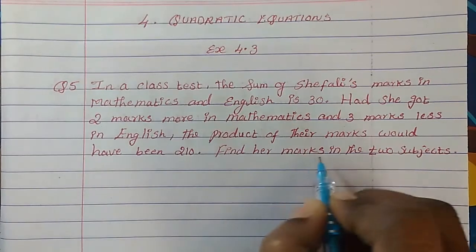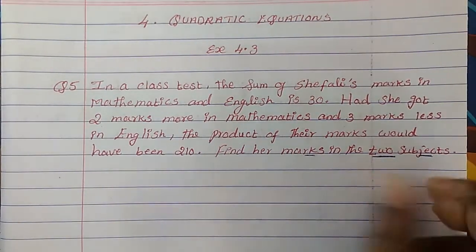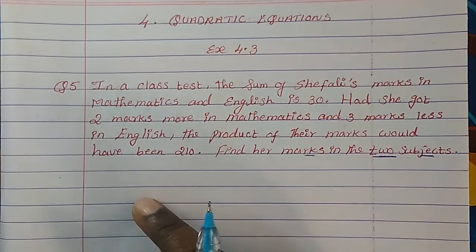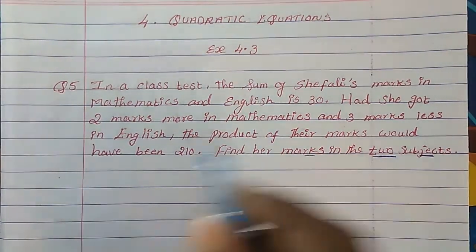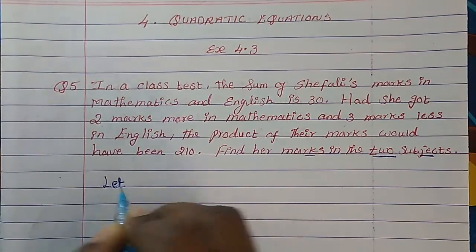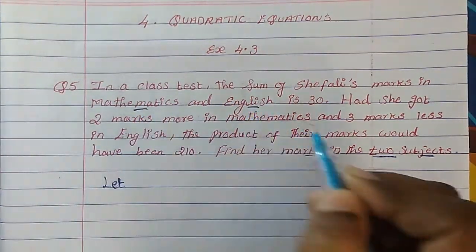So what we have to find? The marks in two subjects. So whatever we have to find, that only we will write first. Let that be... two subjects. What are the subjects? Maths and English.